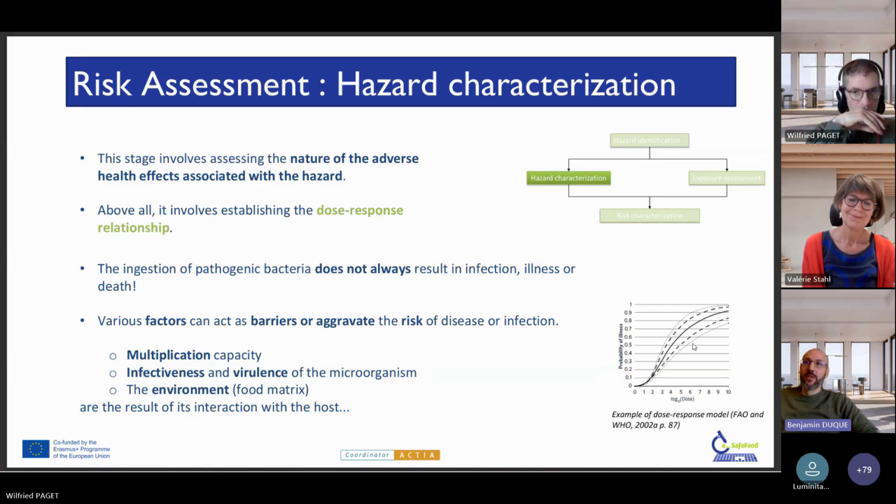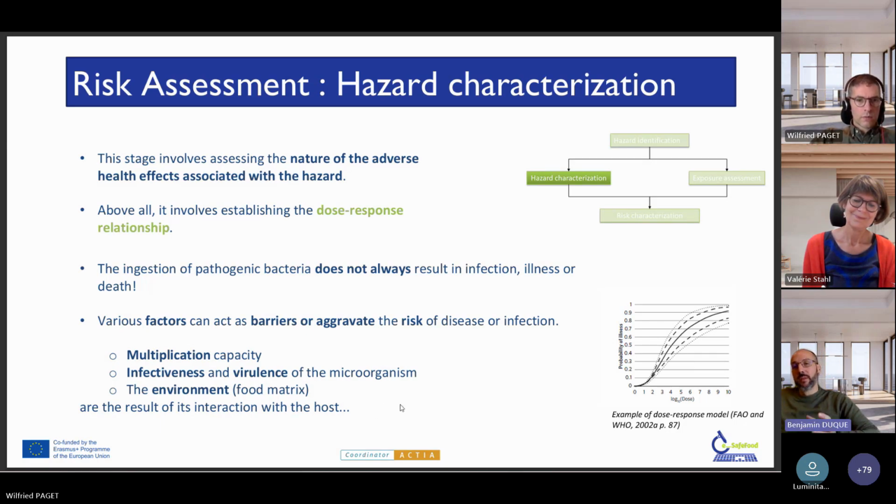Unfortunately for us, the ingestion of pathogenic bacteria does not always result in an infection or illness. Indeed, various factors will have an influence on the risk of having an illness, such as the multiplication capacity of the bacteria, the virulence also, the matrix, and the host. Because every person is different, the immune system does not react the same way for everyone.